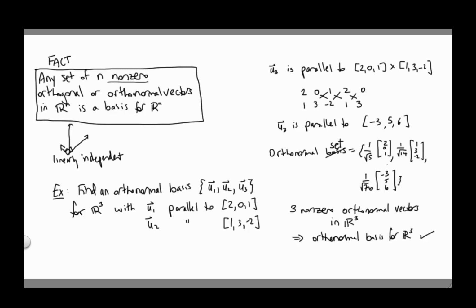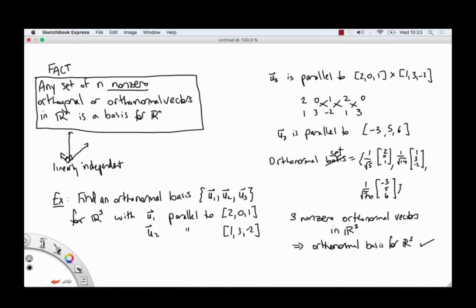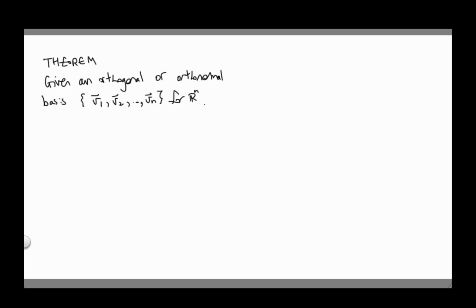All right, so now we're getting into the main theorem of what we can do with an orthogonal or orthonormal basis. Let's call this a theorem because this is really the main idea for this section. So let's say that you're given either an orthogonal or an orthonormal basis for Rn. We're able to take any vector w in Rn and we're going to be able to write it as a linear combination of these basis vectors.